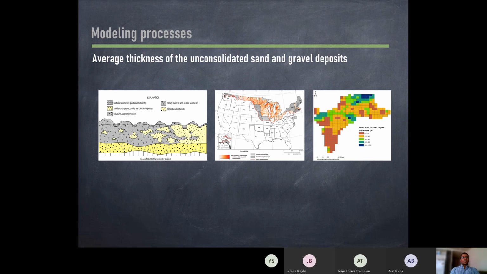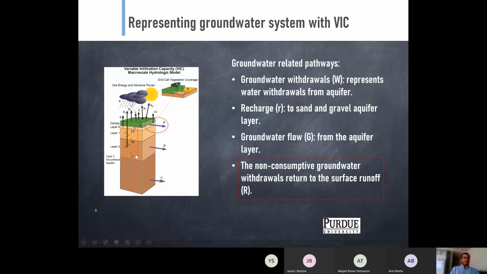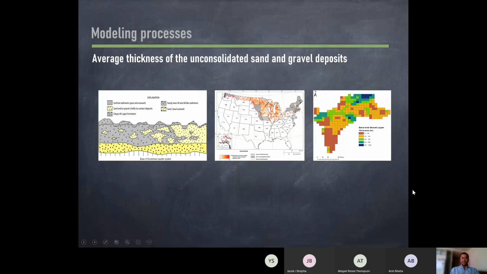so the first modeling process is the aquifer layer that I'm showing right now. I need to represent that. Okay, so to do that, I have to look for data and information. There is information about the thickness of this layer.